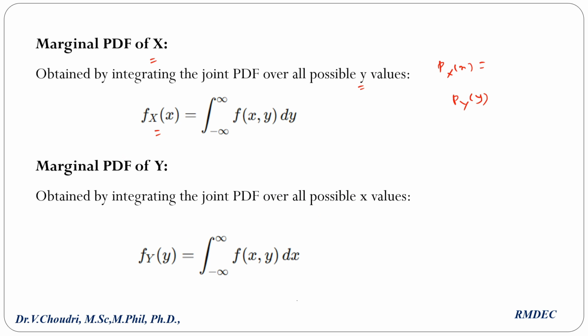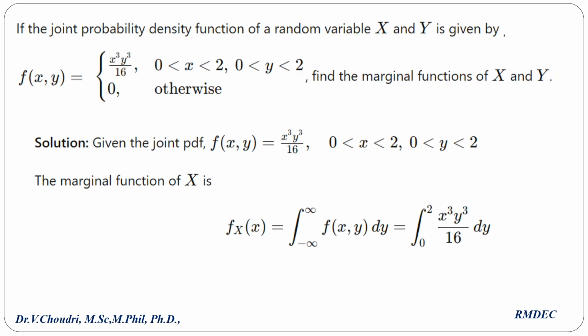That is the concept. Okay, so fx of x equal to integral minus infinity to infinity f of x comma y dy. The marginal PDF of y, fy of y equal to integral minus infinity to infinity f of x comma y dx.